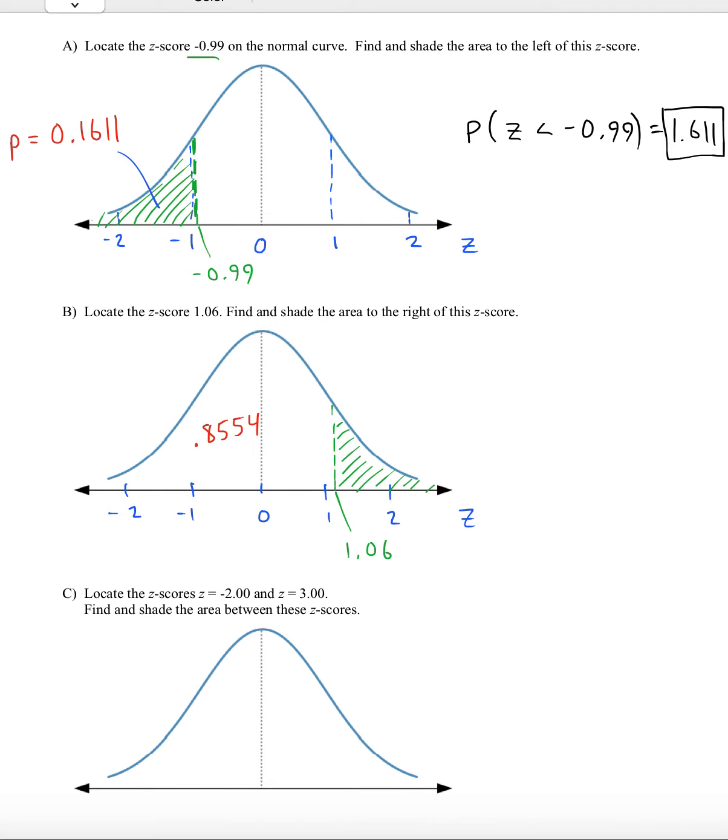So we have to do that calculation where we find this area by doing 1 minus 0.8554. Okay, that's going to be 0.1446.